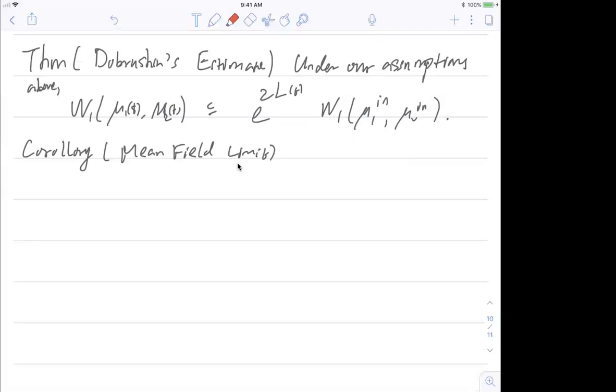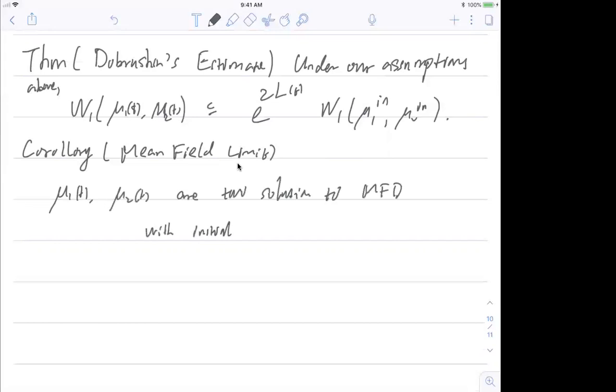Let's choose mu1t, mu2t as two solutions to the mean field dynamics with initial data mu1 initial, mu2 initial, respectively.